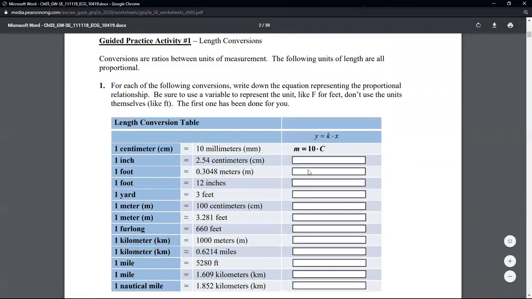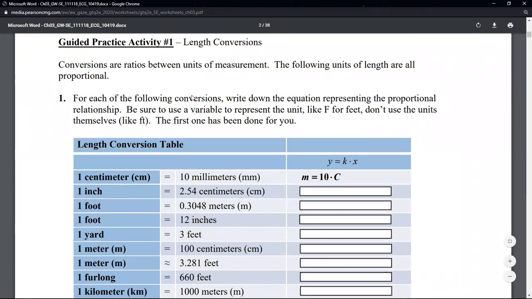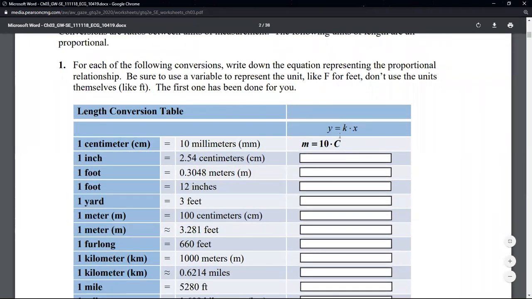Before that though, in this table, the first thing they ask us to do is to show how we could use a y equals kx setup for this, if we were going to be doing a whole bunch of these going from one to another. So they say, here's 1 centimeter is 10 millimeters. So your y equals kx, instead of using fraction equal to fraction, you just use that constant multiplier, the constant of proportionality that we've showed you how to find by starting with a proportion.